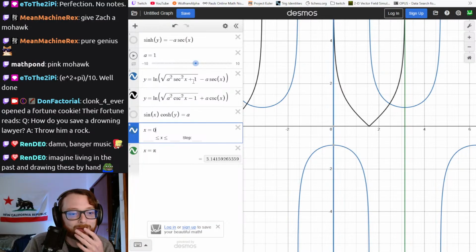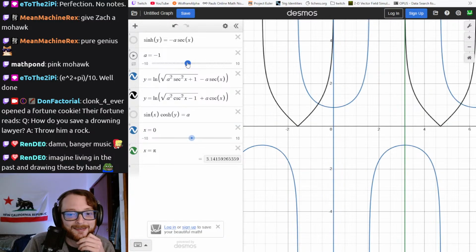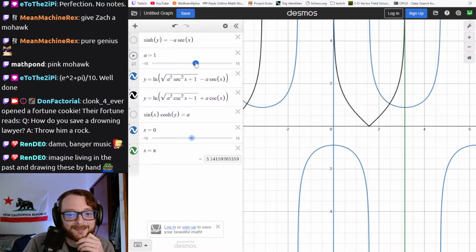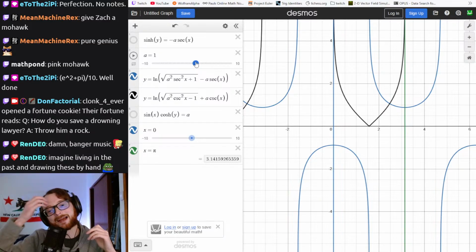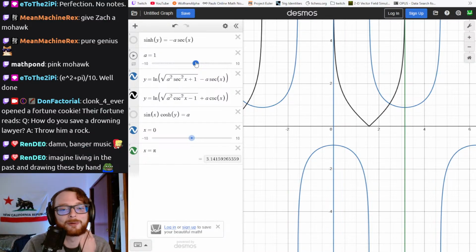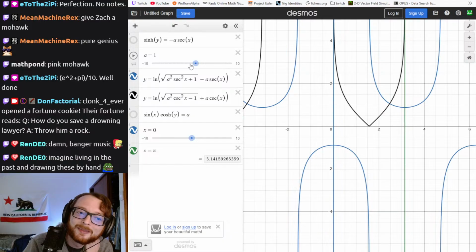Oh yeah, Ren. This would be terrible to figure out by hand. Oh my, I have technology and I'm still struggling to figure this out.